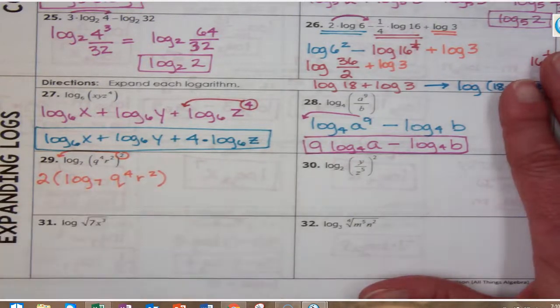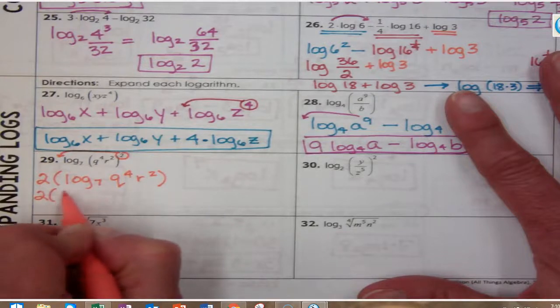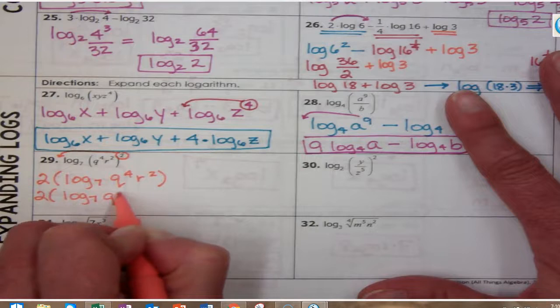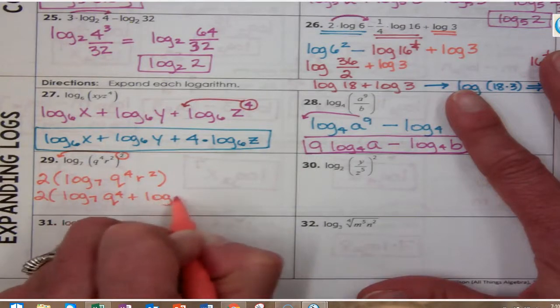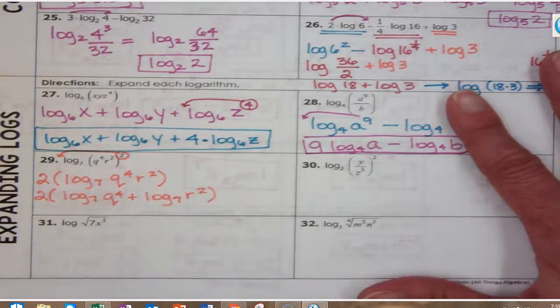Remember, we're expanding. Now we're multiplying here. So again, I'm just going to keep these in parentheses. Log base 7 Q to the 4th plus log base 7 R squared.